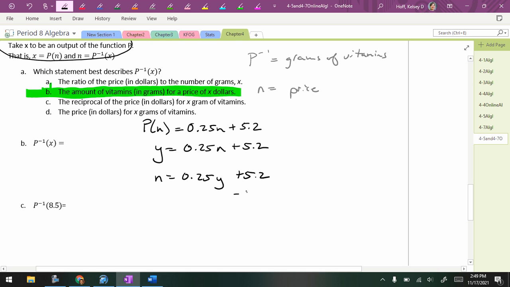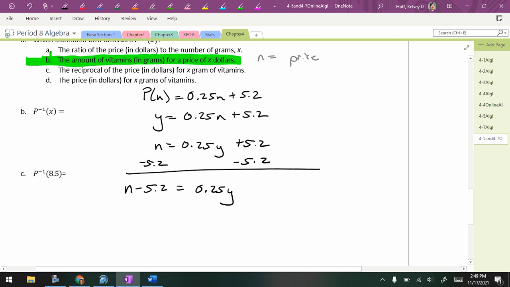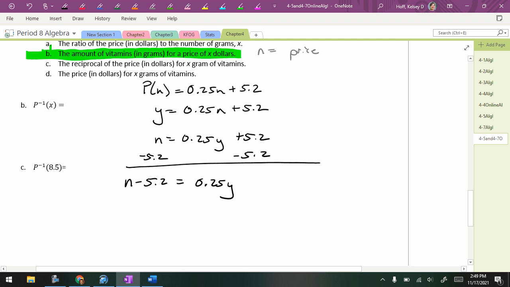Anyone? Minus 5.2 or subtract 5.2. N minus 5.2 equals 0.25 Y. Divide by 0.25. Now here's, we got decimals and fractions. Let's actually divide this out.